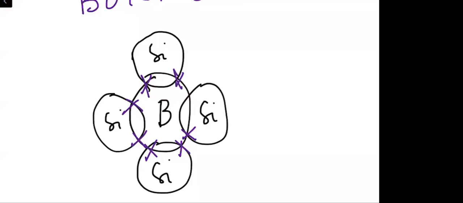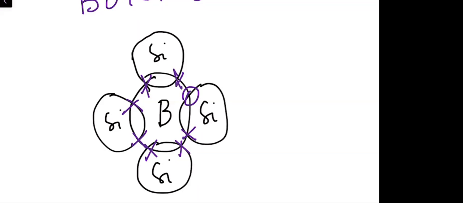When the fourth covalent bond cannot be made, a hole is created, right? The hole, as I have told you before, is basically a void of electron. That electron is not present here. So the number of holes created corresponds to the number of impurity atoms added to the intrinsic semiconductor.